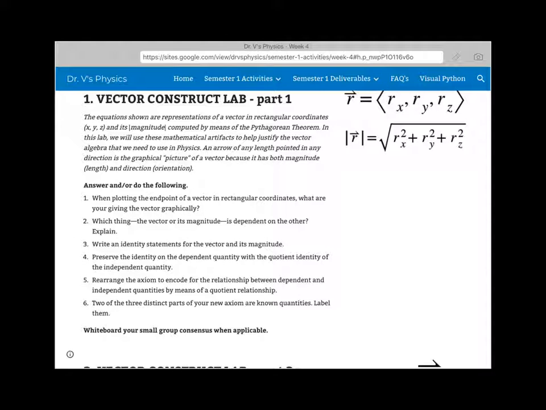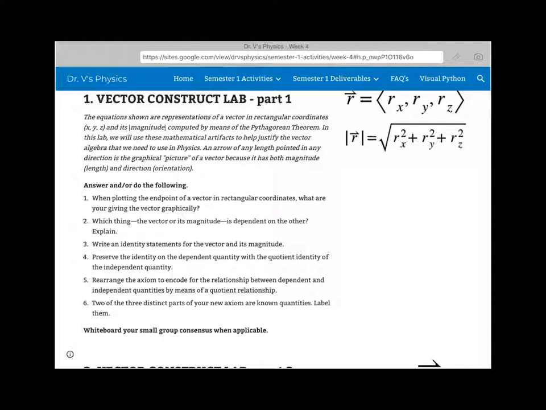So this is a great question, because I could say that the vector, as it's defined in the first equation, is the way I specify its endpoint, and the magnitude is the way I measure the length of the vector from its origin to that endpoint. And in this case, its origin is the origin of the system. We'll have other vectors that are differences between vectors, and their origin isn't the system origin, it's one of the endpoints of the other vectors. All right, so good question.